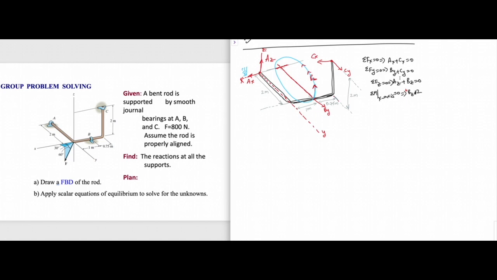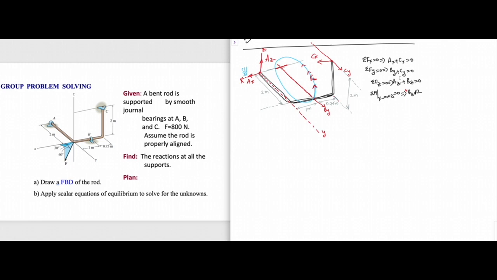What about CY? Unlike BY, CY is above the XY plane, isn't it? CY is 2 meters above the XY plane, because this is CY. Isn't this the line of action of CY?